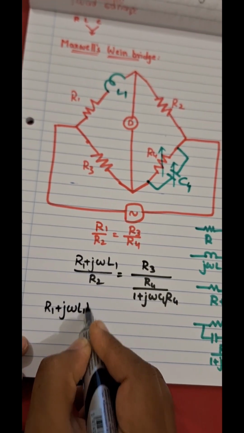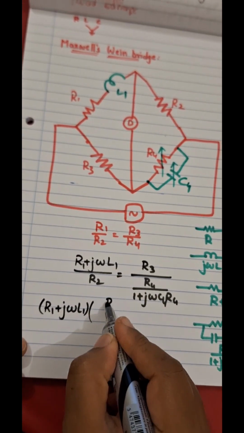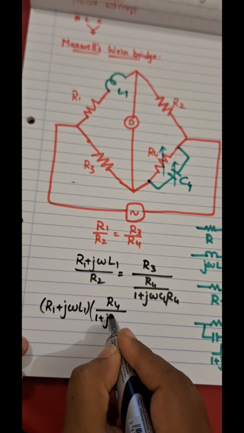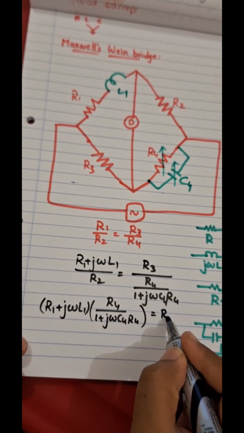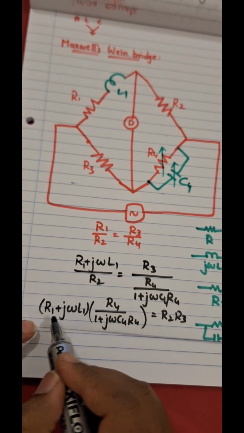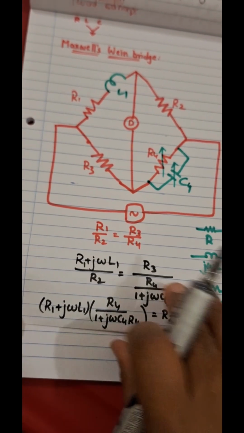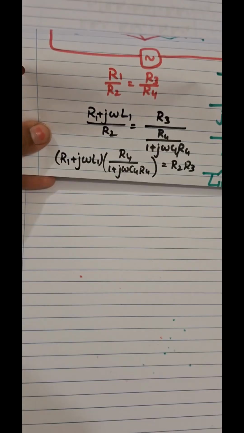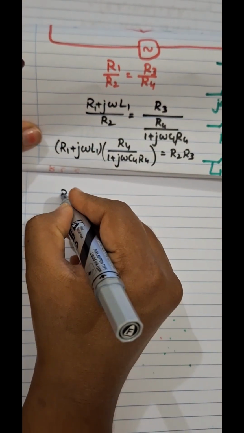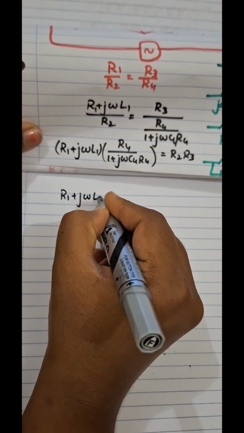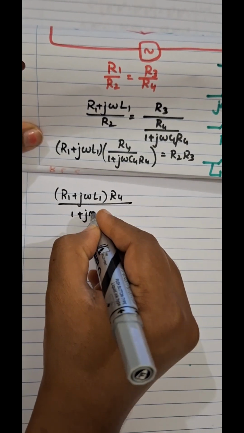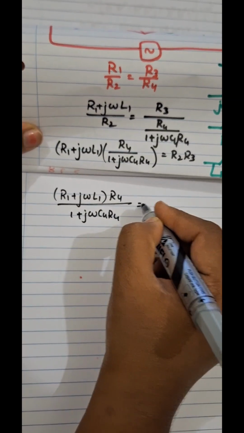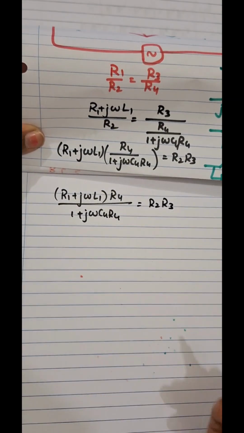R1 plus j omega L1 into, this goes to this side, R4 by 1 plus j omega C4 R4 is equal to, R2 goes to this side, R2 R3. So now this is our equation. From this equation, let us write R1 plus j omega L1 into R4 divided by 1 plus j omega C4 R4 is equal to R2 R3.